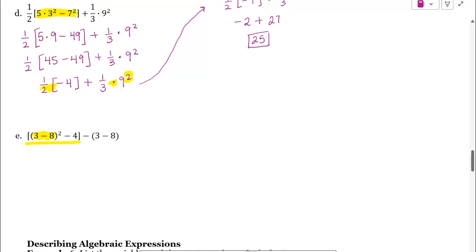So 3 minus 8 is a negative 5. And then negative 5 squared, because I'm going to stay inside those square brackets, is positive 25. 25 minus 4 is 21.